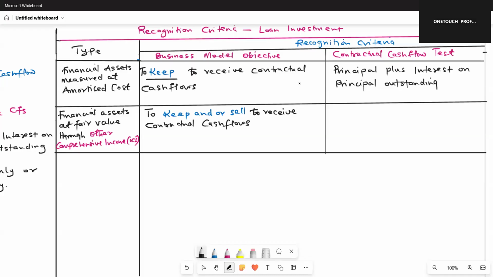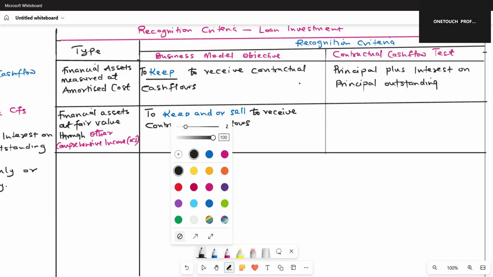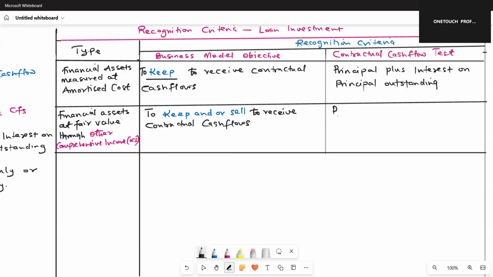Did you get it? But we are still saying that the characteristics of the cash flows is principal, which can change. For the financial asset at amortized cost, the principal we are talking about is the original principal. But the one at fair value through OCI, the principal can change depending on whether they have sold part of the instrument during the year. Did you get it?